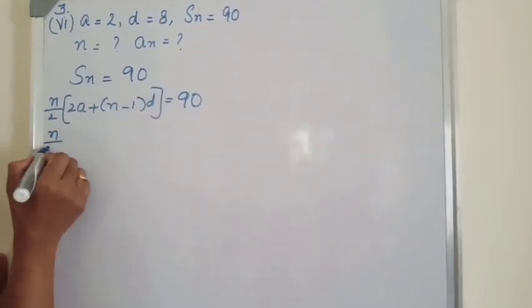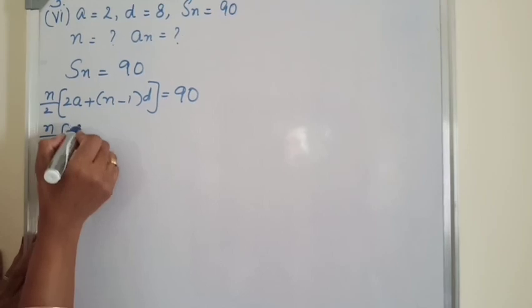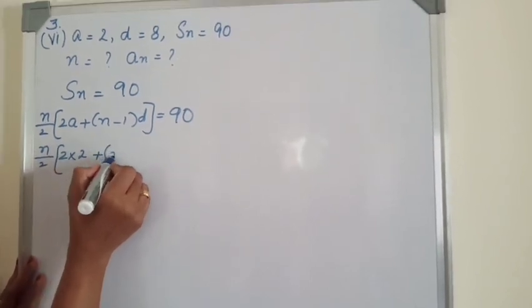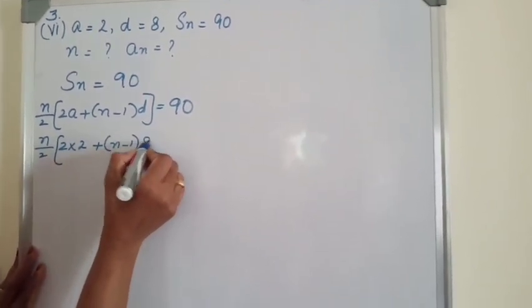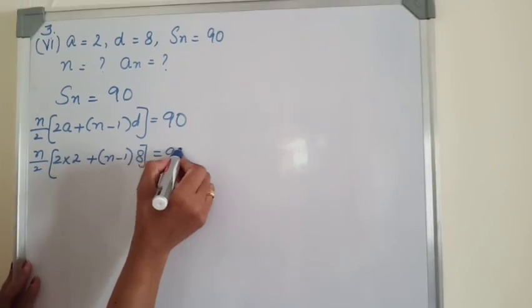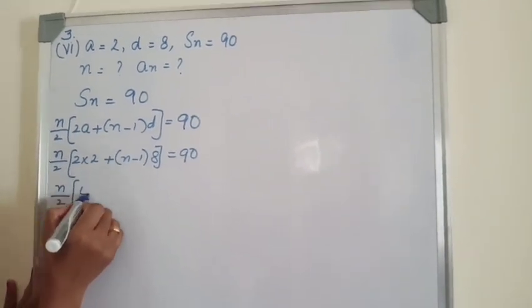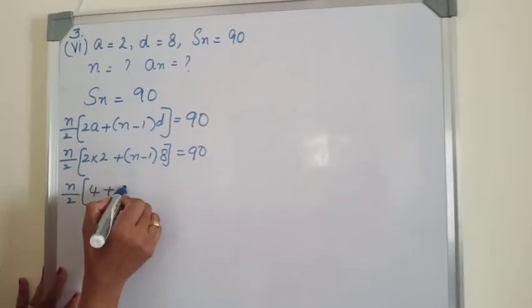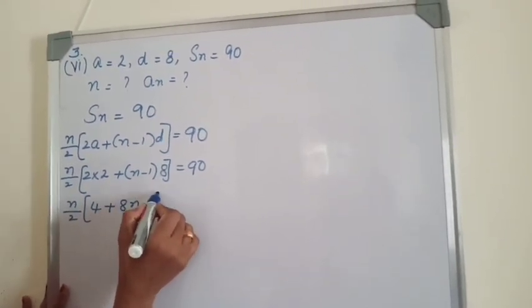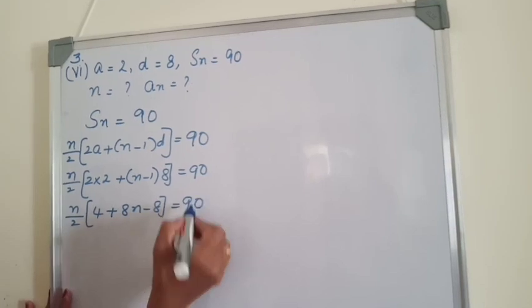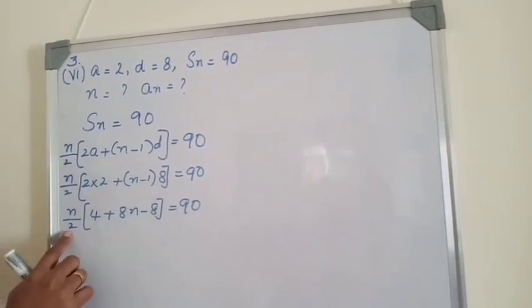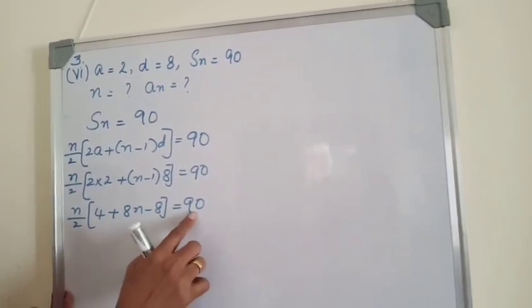N by 2 into (2 into 2 plus (n minus 1) into d, which is 8) is equal to 90. Once again, n by 2 into (4 plus 8n minus 8) is equal to 90. Now this denominator 2 we have to cross multiply to the other side.